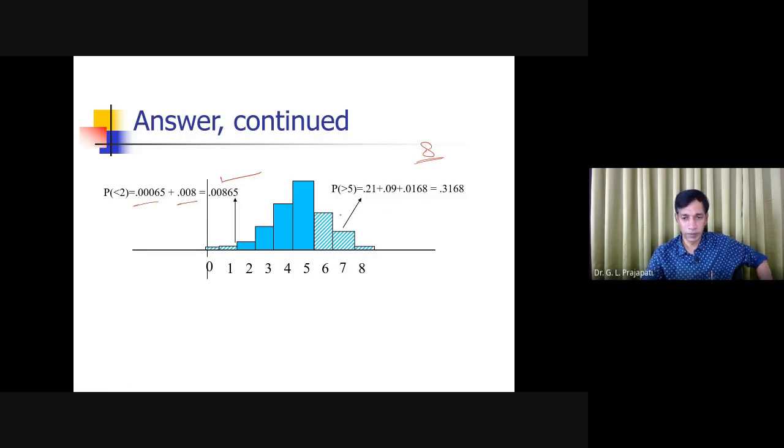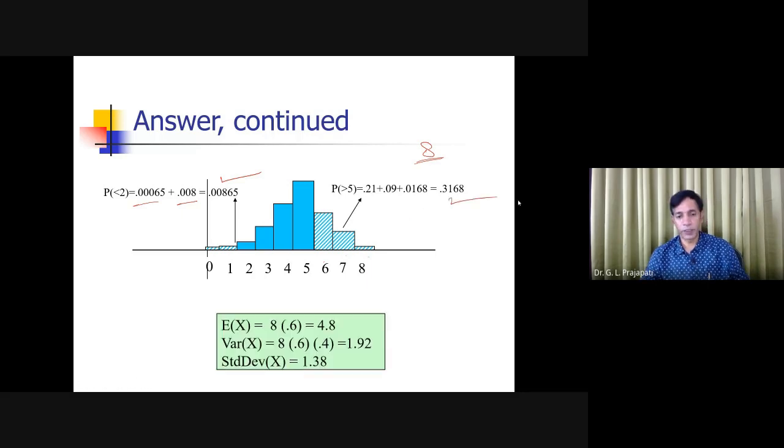So this is the probability for 6 smokers plus the probability for 7 plus the probability for 8, and you get the answer like this.